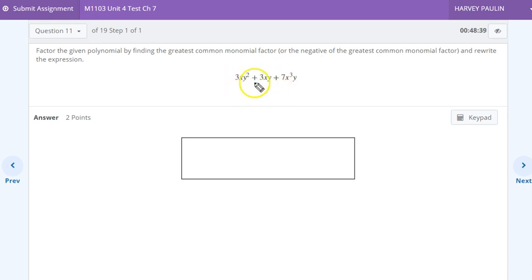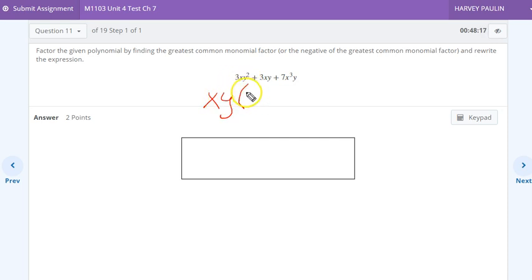So the greatest power of x we could take out of each one is just an x. Now we have here y to the second, y to the first, y to the first. So the greatest power of y that we can take out of each one is just y. And then what's left?